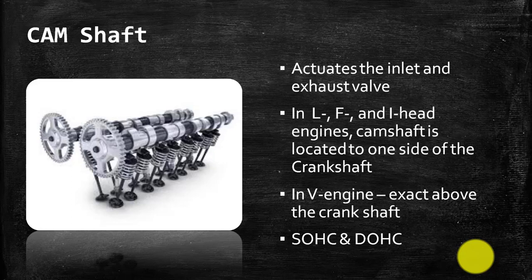That means a fraction of the power produced at the crankshaft is utilized by the camshaft. The main function of the camshaft is to actuate the inlet and exhaust valves. In L, F and I head engines, the camshaft is located to one side of the crankshaft, and in a V engine, the camshaft is located exactly above the crankshaft.